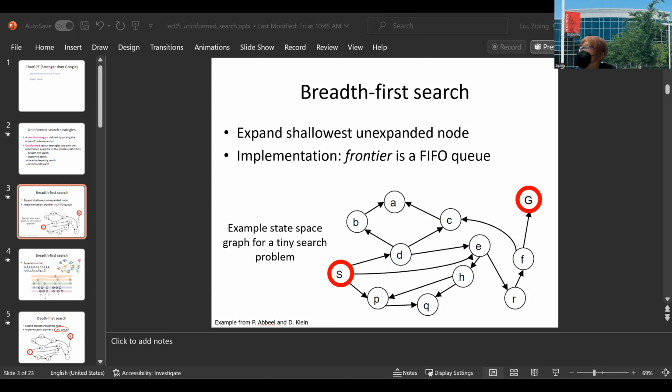Time complexity is order of B to the D, where B is the branching factor and D is the depth of the optimal solution. The space is also order of B to the D. So regarding memory, breadth first requires quite a large memory if the search state space is large.